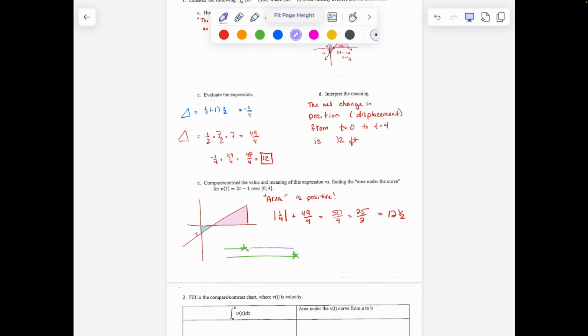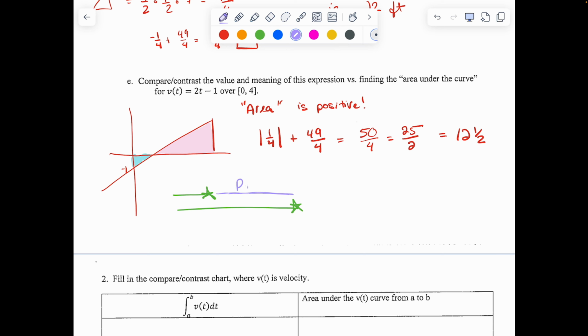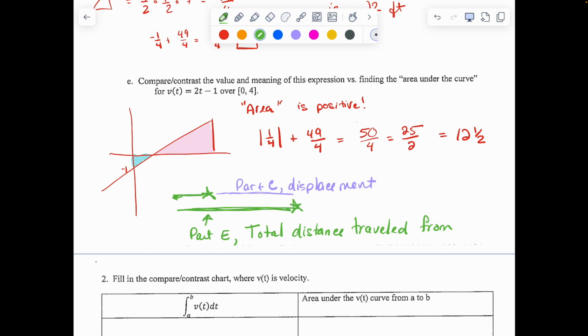That was part C. The green stuff, all of this and all of this, is from part E, and that would be our total distance traveled from time equals 0 to time equals 4, which is 12.5.